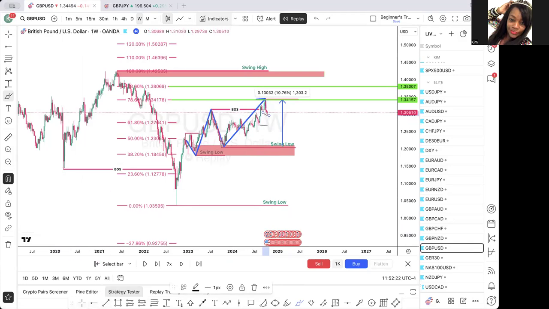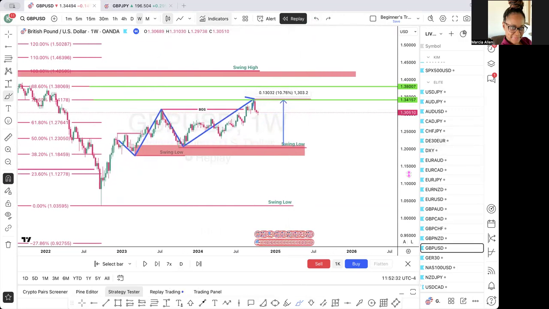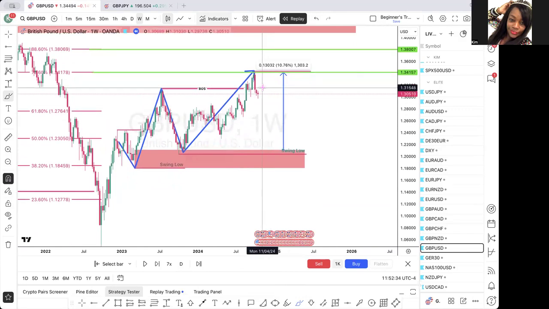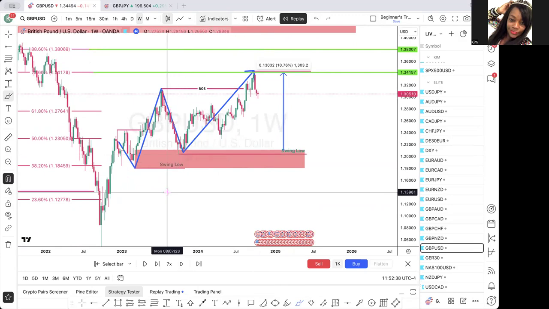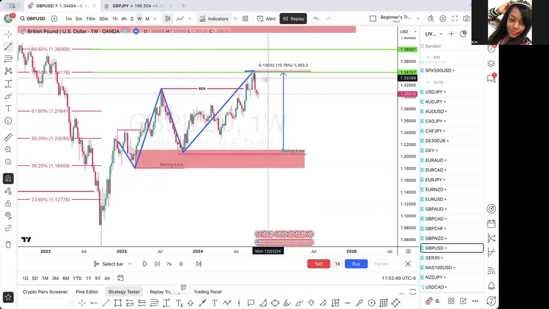Do y'all see that? Yes. Remove those squigglies. So as you can see, price pushed to the 78. This is my last internal structure.